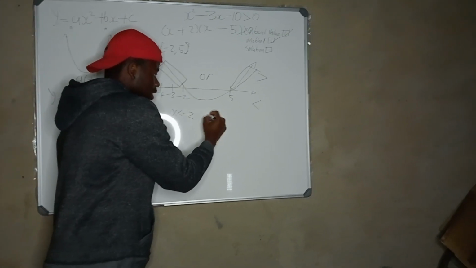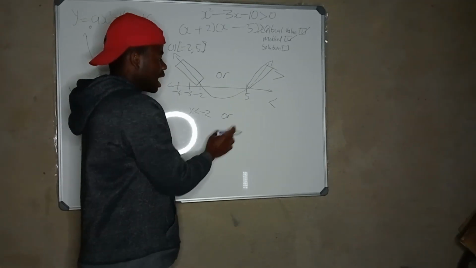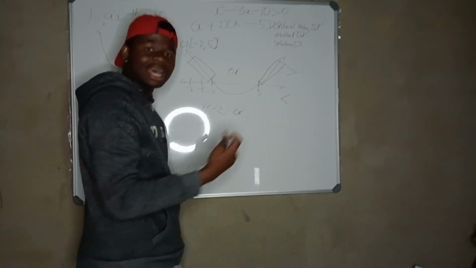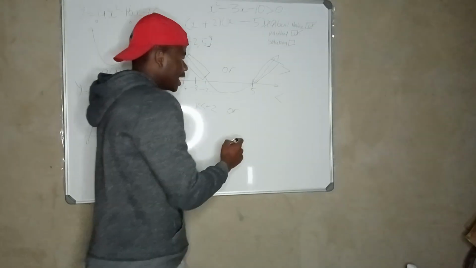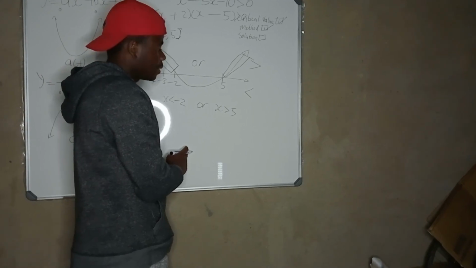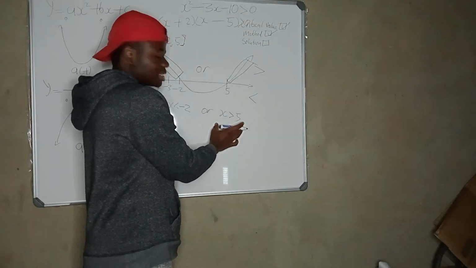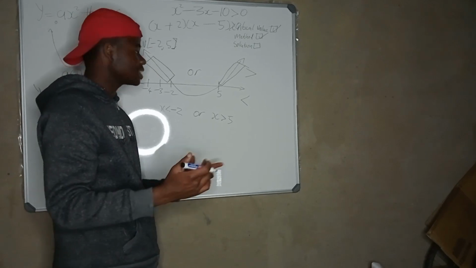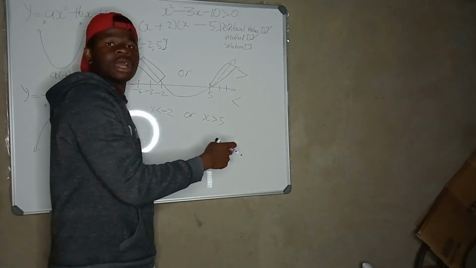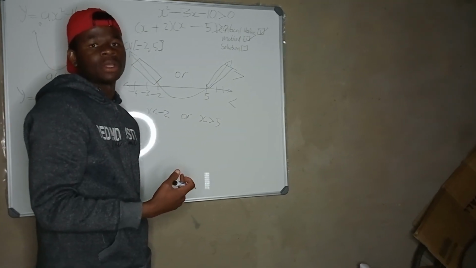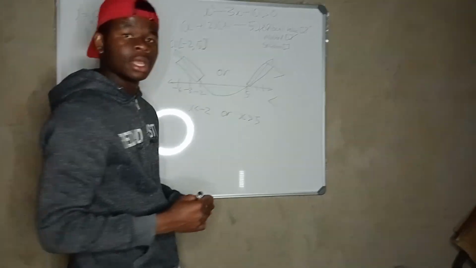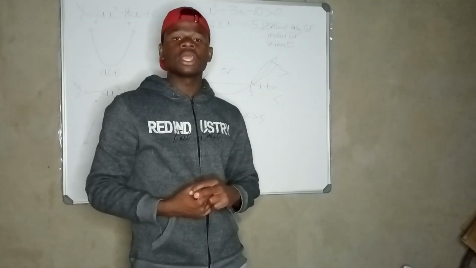I'm going to write an or, and then represent the solution for the other rectangle: x is greater than 5. Why did I say x is greater than 5? Because the following values, 6, 7, are greater than 5. So that was a lesson on inequalities.